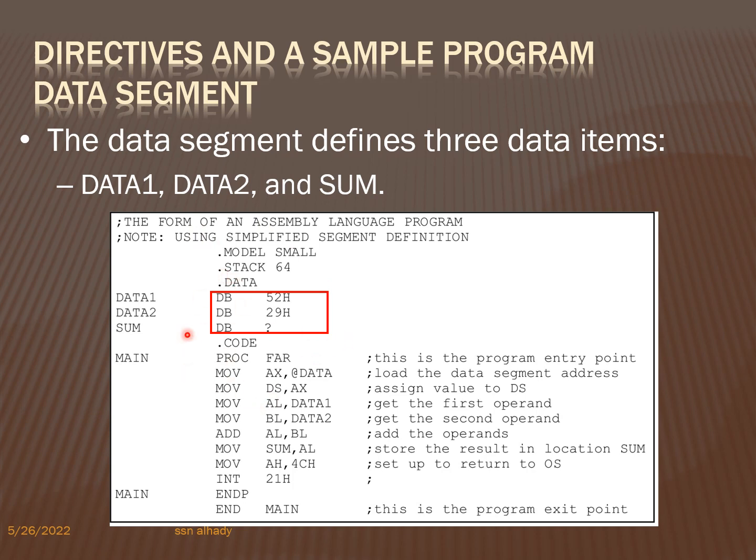In this example, data 1 you define already, you assign 52 hex. Data 2, you assign 29 hex. Sum, you leave it at the beginning, you don't define it yet, but you define the sum as a byte.